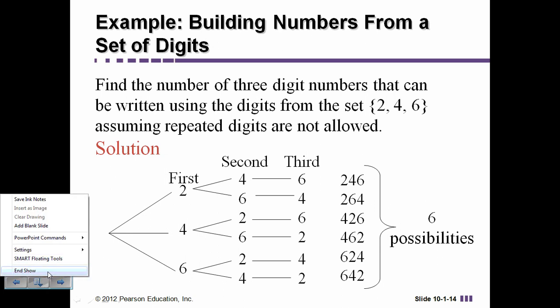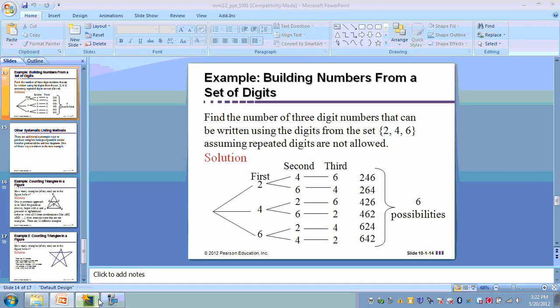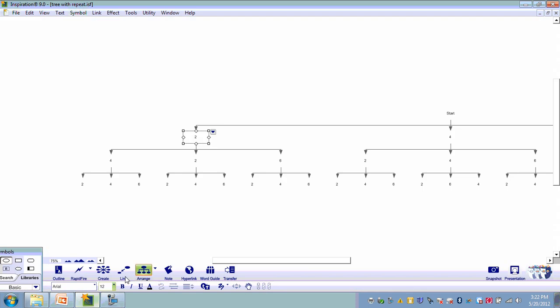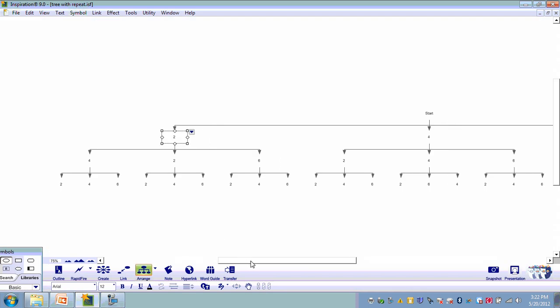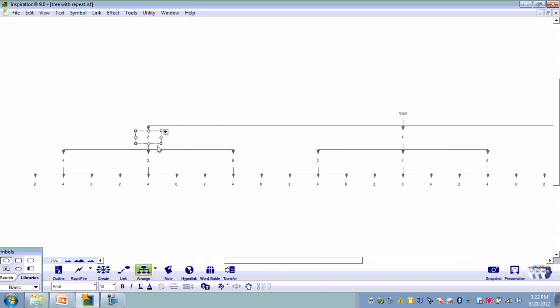So I'm going to minimize this and show you something else. What if I said I don't care about repeated digits? Well, that means for the number 2, the second digit could be the digit 4, or the digit 2, or the digit 6. And if I had the digit 4, it could have the digits 2, 4, or 6.